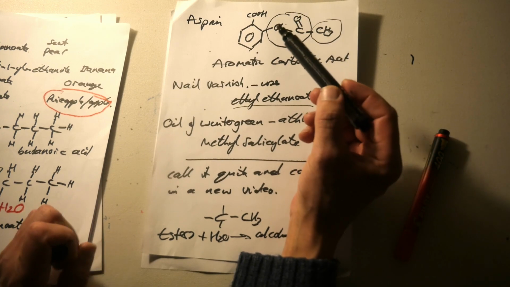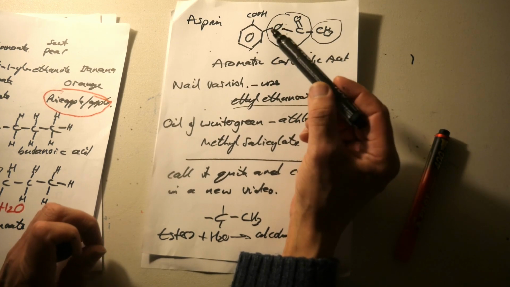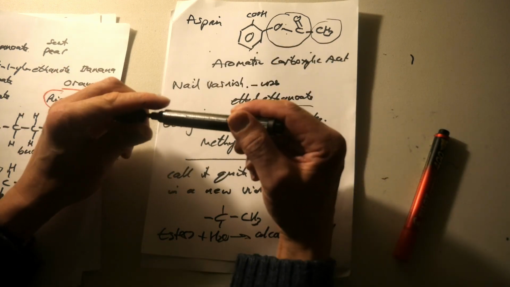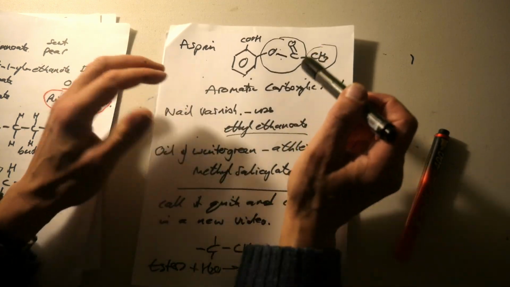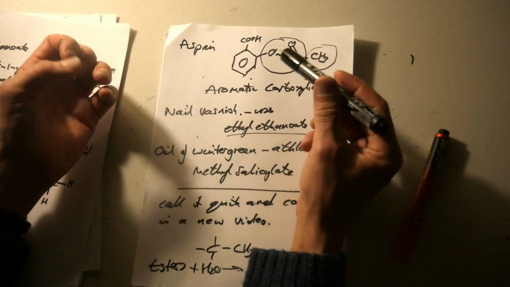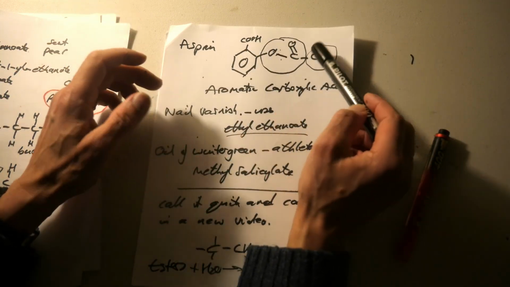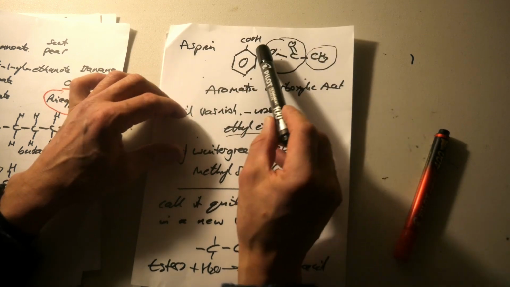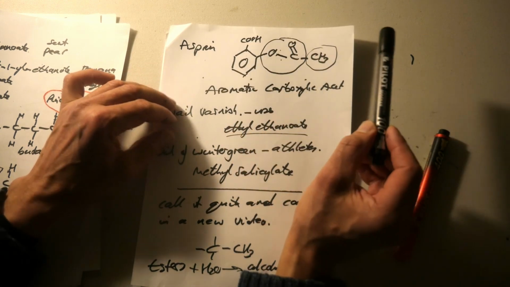Aspirin is contained in modern aspirin packets. They're packed into aluminium foil sealed boxes, okay? And the reason why they're in sealed boxes or packets, which are completely sealed, is to keep the water out, because when water gets into aspirin, it reacts with the aspirin, hydrolyzes it, and breaks it up into the acid and alcohol again.